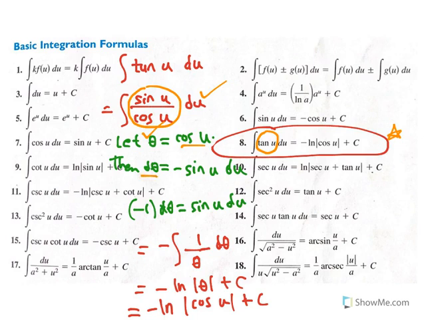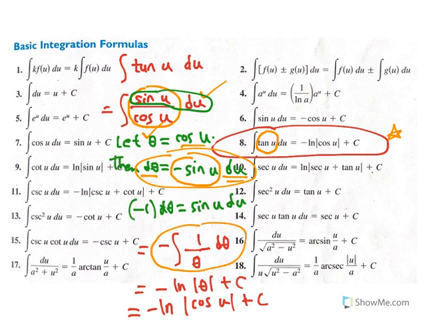Then d theta will be the derivative of cosine of u multiplied by the differential du. And we already have sine of u times du, so we want to isolate that, so multiply both sides of this equation by -1, so we can replace sine u du with -1 d theta, and we can replace cosine u with theta.